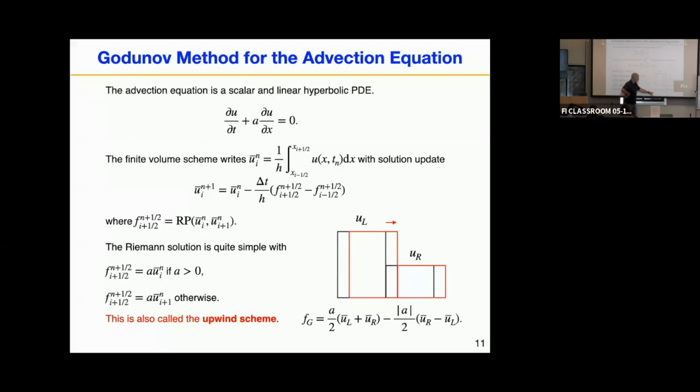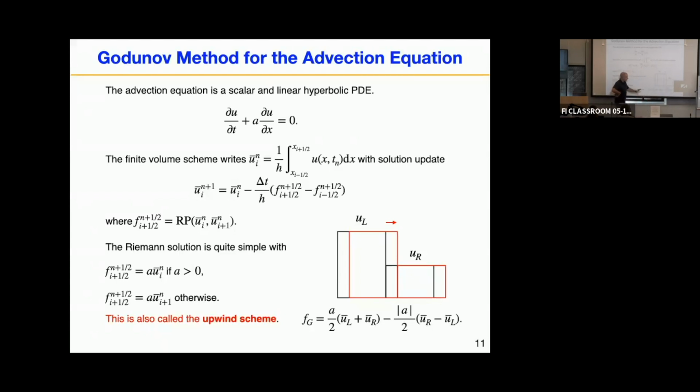This one here, which is the average of the left and right flux, and this one here, which is U right minus U left, which looks like a diffusion operator. This is exactly like minus nu, the diffusion coefficient, times the gradient of u, the unknown.